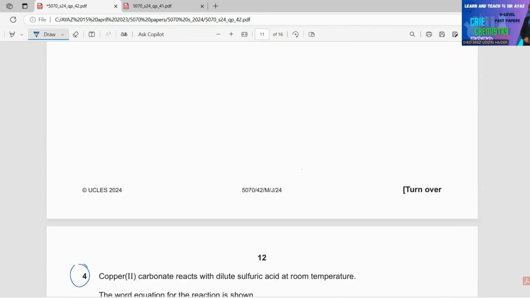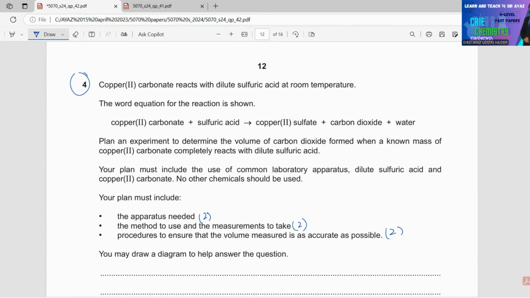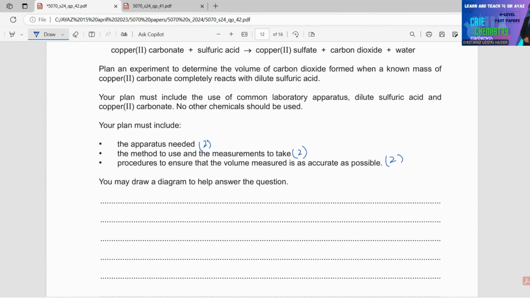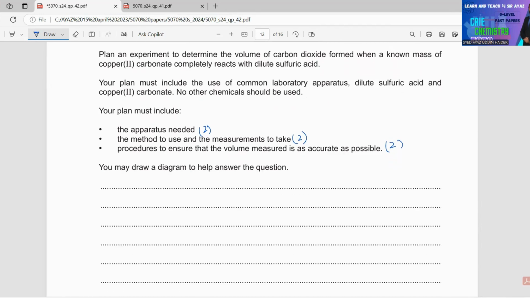Now coming back to the question. Now for the method to use and measurements. So what method and measurement are you going to do? You will definitely have to measure the mass.